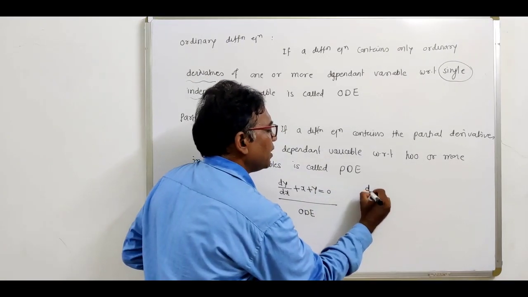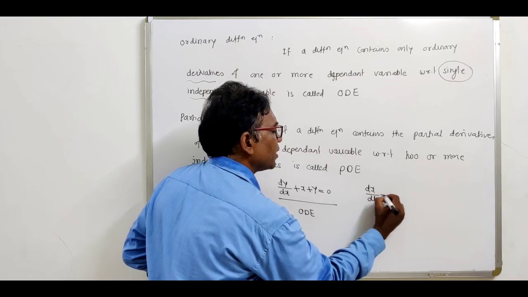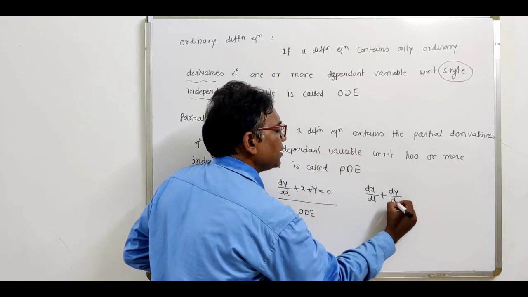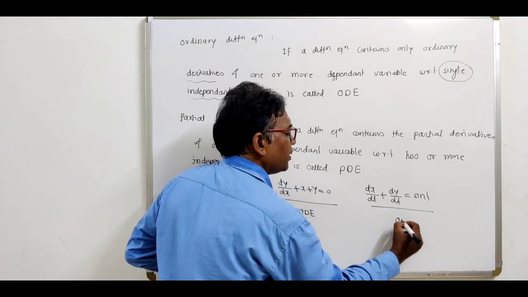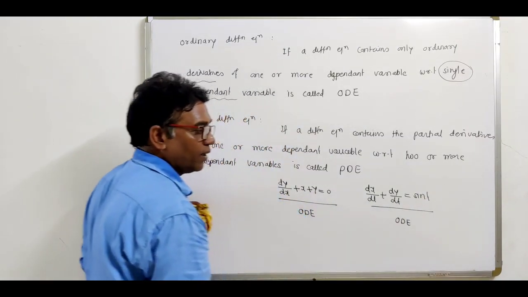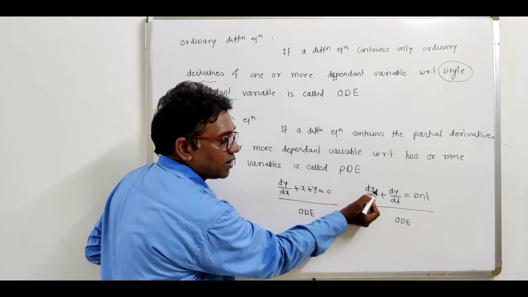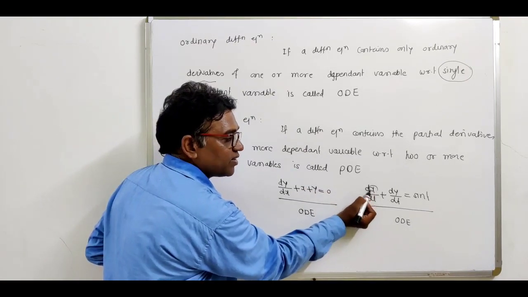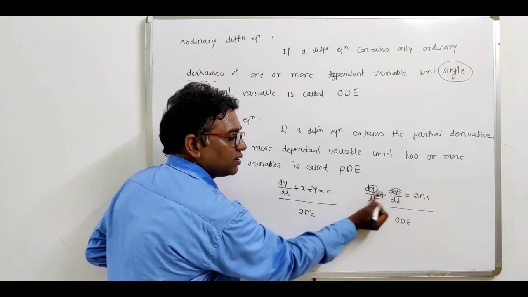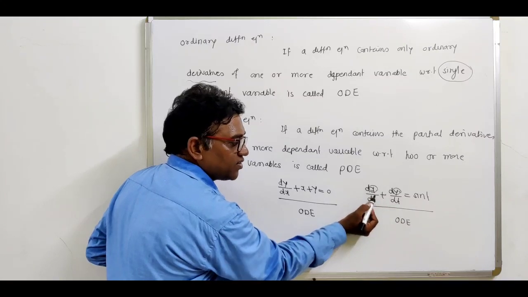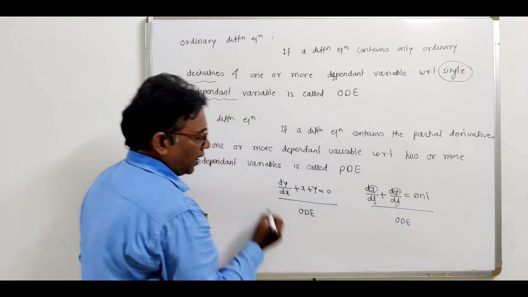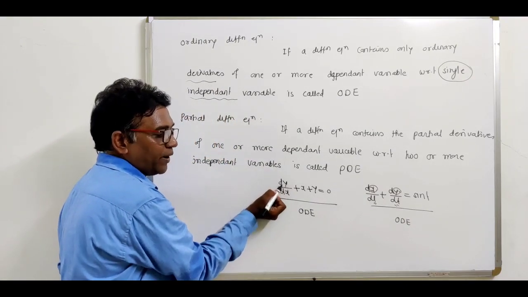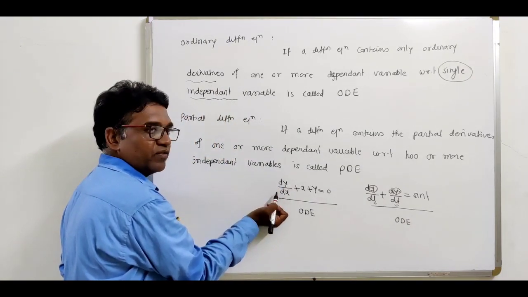For example, dx by dt plus dy by dt is equal to sin t. This is again an example of an ordinary differential equation. But this differential equation contains 2 dependent variables, x and y, which are called the dependent variables, but there is just one single independent variable. In the first example, there is just one dependent variable and one independent variable.